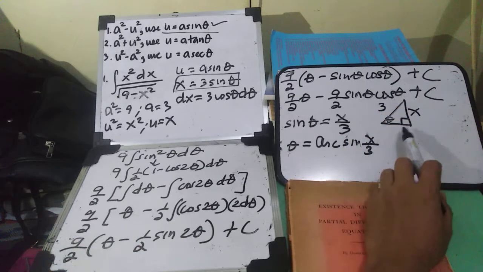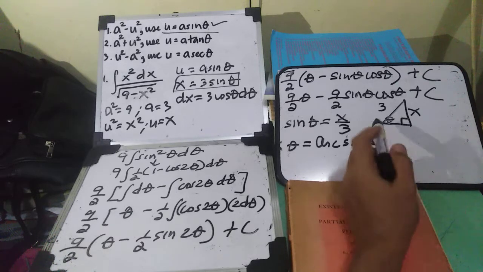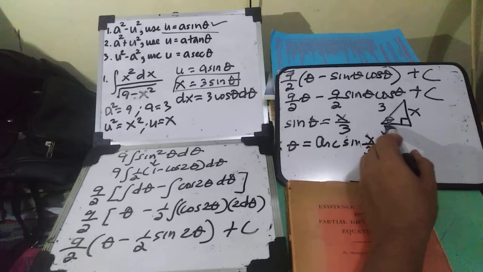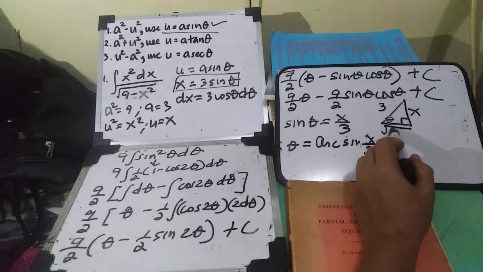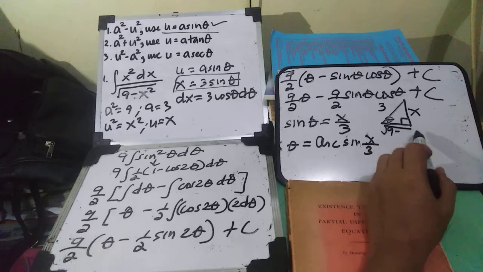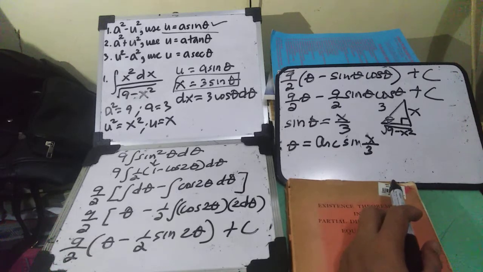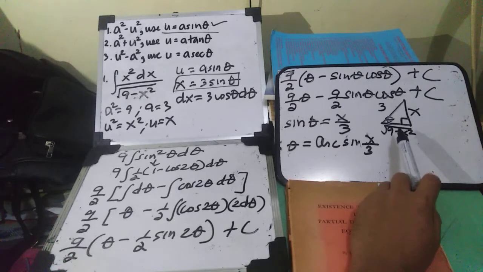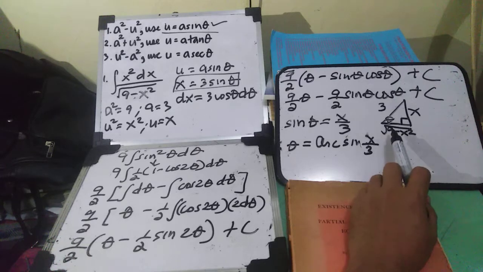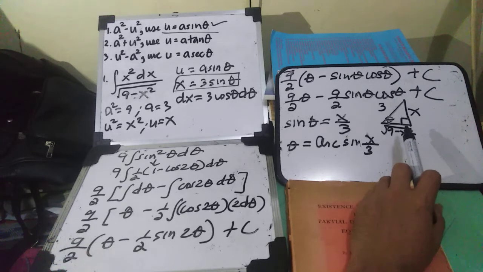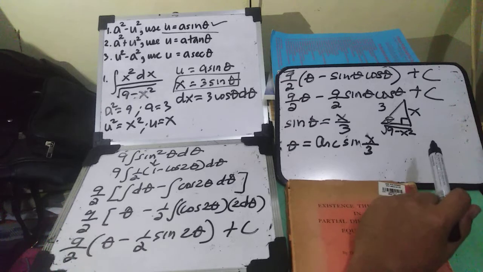Now, solving for the adjacent side, we will get the square root of the square of 3, which is 9, minus the square of x, which is x squared. This can be solved using the Pythagorean theorem, solving for the other side of the right triangle.